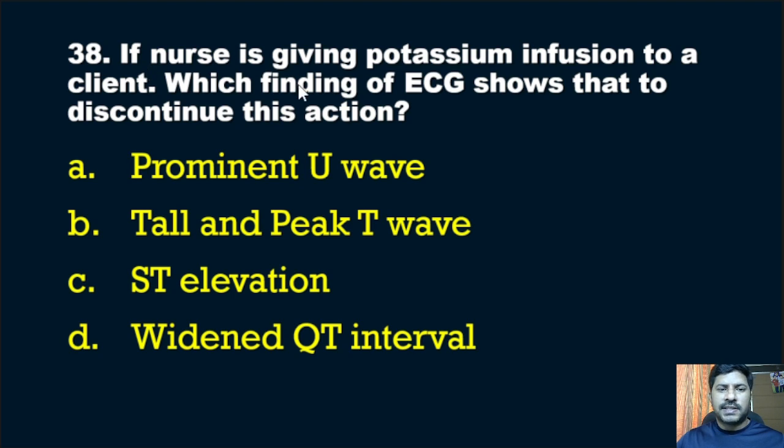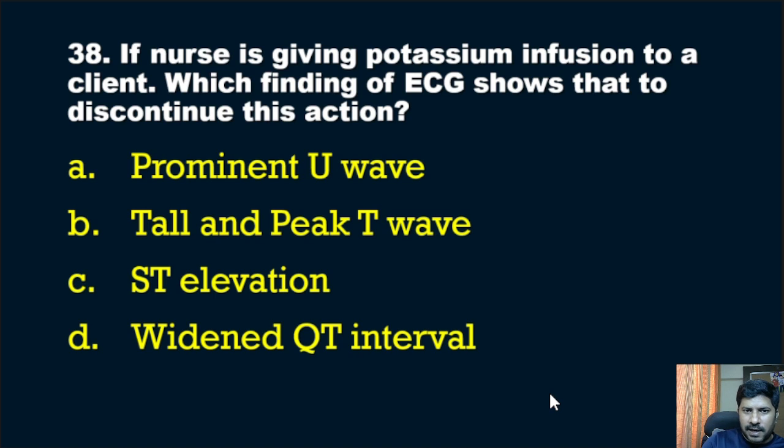38th question. If a nurse is giving potassium infusion to a client, which finding of ECG shows that to discontinue this action? Prominent U wave, tall and peaked T wave, ST elevation, widened QT interval. So potassium infusion is usually administered for hypokalemia.